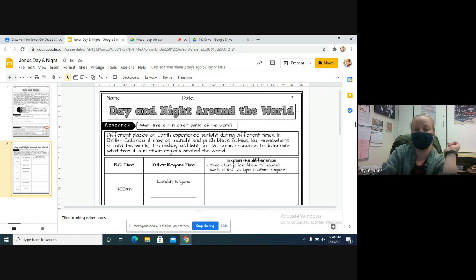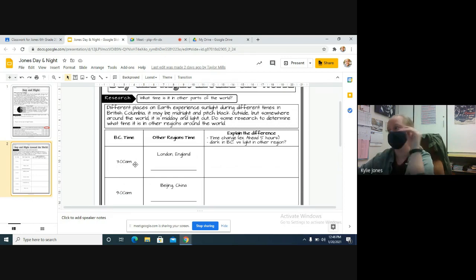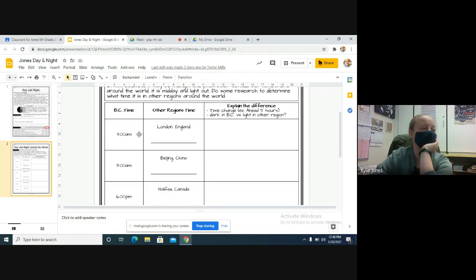I know this says British Columbia on the side over here, but I think that we should use Winslow time. I don't think we should really change away from that. So just leave it as is.